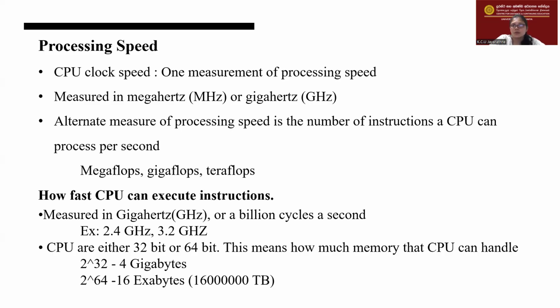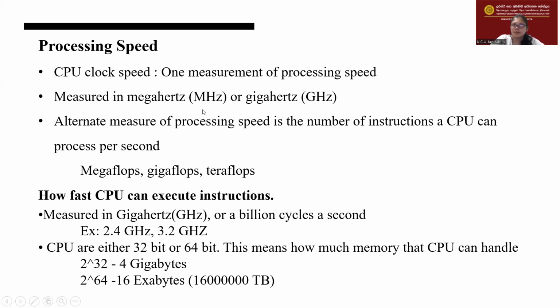A CPU can process a large number of instructions per second. So this is the processing speed. As you can see, the processing speed is the instructions a CPU can process per second. It is a huge number. It can be megaflops, gigaflops, or teraflops.